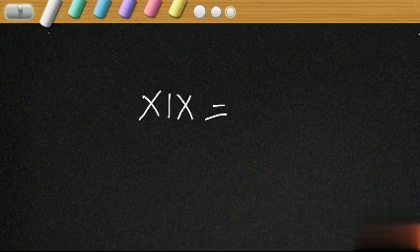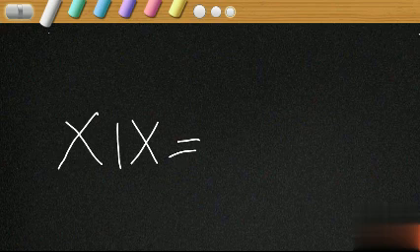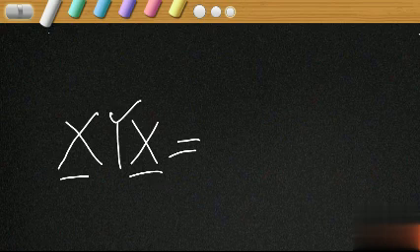Here, what has to be done? Here also in XIX, a smaller numeral is written in the middle of two greater ones, X and X. So which have to be kept together as per the rule? If a smaller numeral is written in the middle of two greater numerals, the smaller numeral and the numeral on the right side have to be kept together.